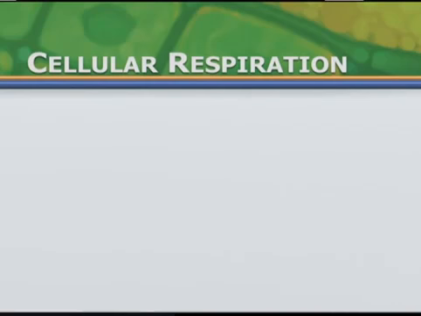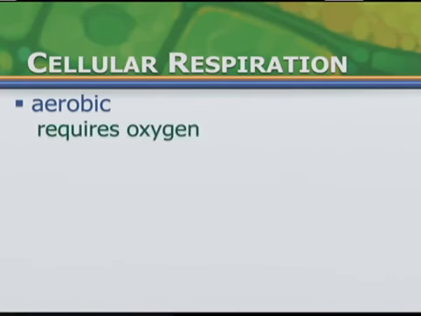When we talk about cellular respiration, there are two basic types, and this is probably why you confuse cellular respiration with breathing, because you are aerobic. You are an aerobic organism. Animals, also aerobic. Aerobic cellular respiration, by the way, sometimes they'll abbreviate ACR, so I don't have to write out the whole thing.